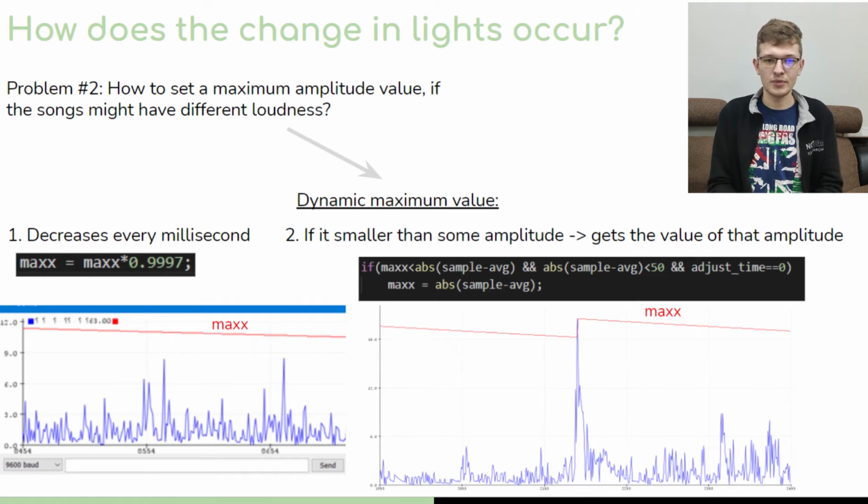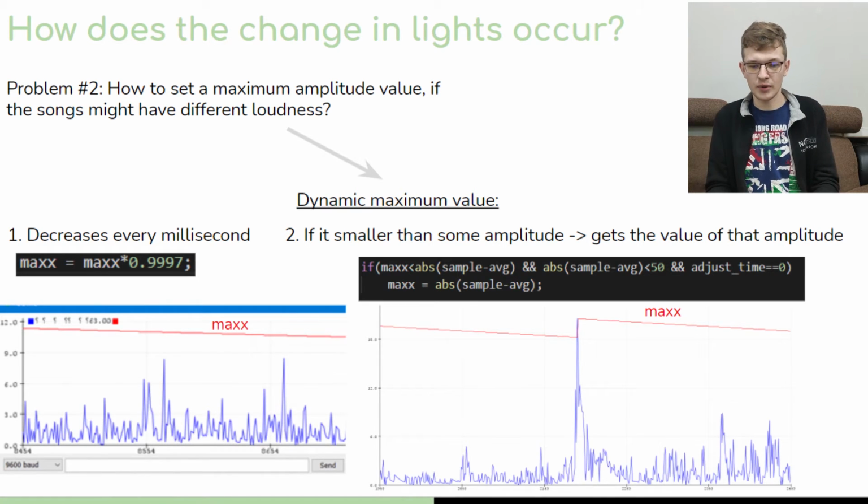So another problem is we don't know the loudness of the song or how far the source of the sound is. And this is a problem because we use the variable max. What do we actually do with it?